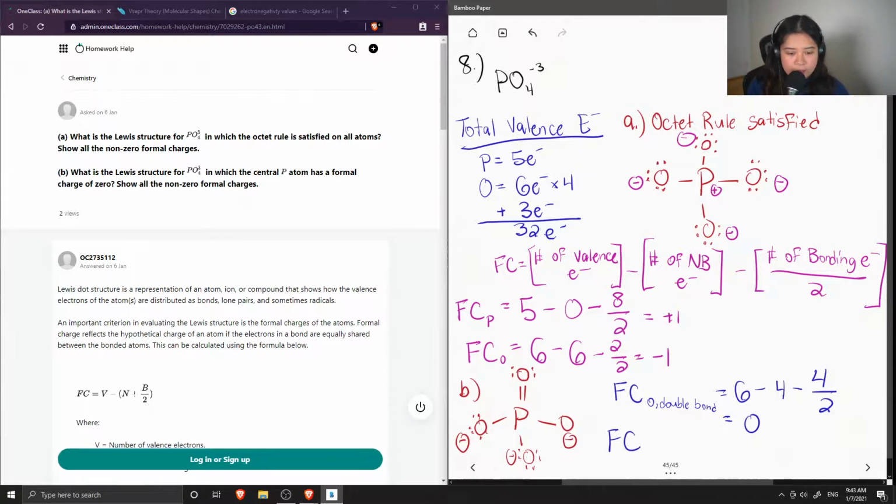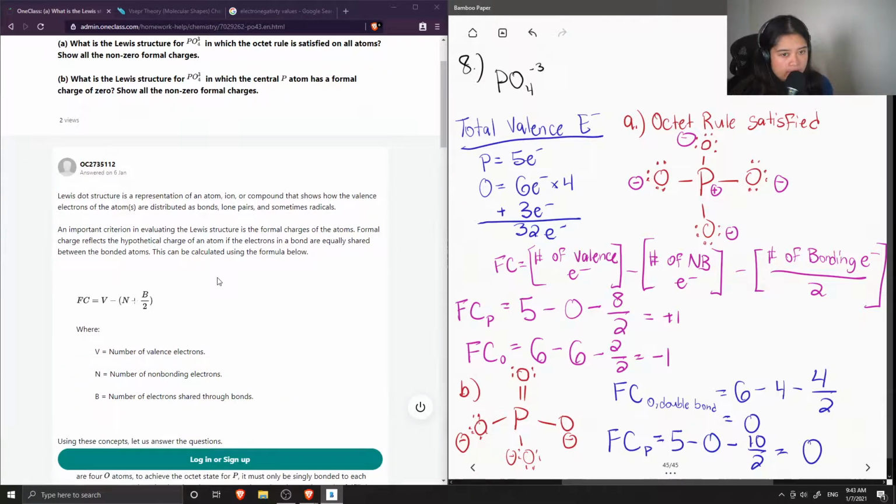And now let's double check to see the new formal charge of our phosphorus. Still has 5 valence electrons, 0 non-bonding electrons. And now if we count out all of the bonds, we have 1, 2, 3, 4, 5. So we have 10 bonding electrons divided by 2. And this gives a formal charge of 0 on our phosphorus.